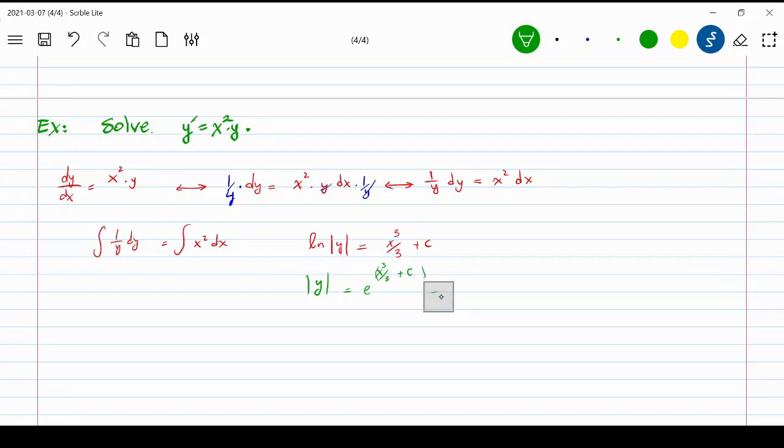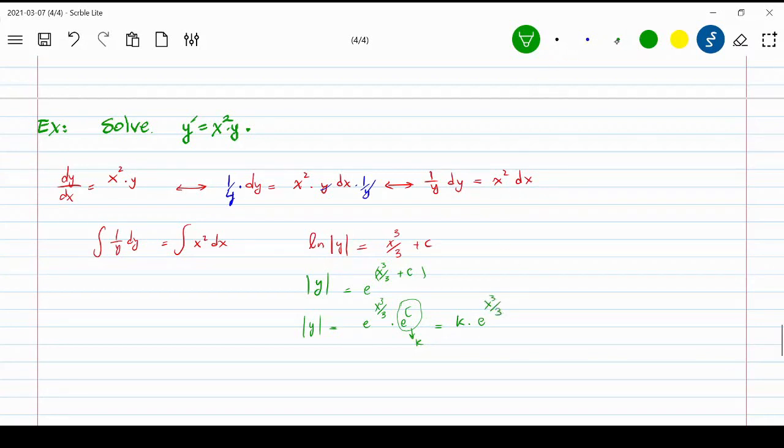And this could be simplified to absolute value of y equals e to the power x cubed over 3 multiplied by e to the power c. e to the power c, e to some power of a constant. They're both constants, so you can assume that this is some constant. This is simply a constant. You can call it k if you want. So this would be some k multiplied by e to the power x cubed over 3.